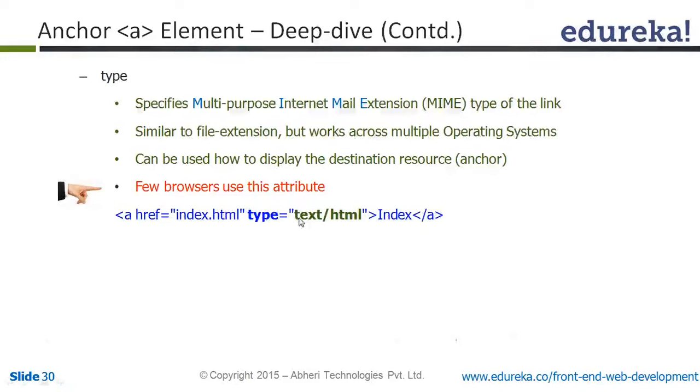So this says that when you click on this index, the resource it goes to is a text file containing HTML code. Similarly, for an image file, you should say image, and so on. There are different values which can be specified for type. You can read about them in the documentation.